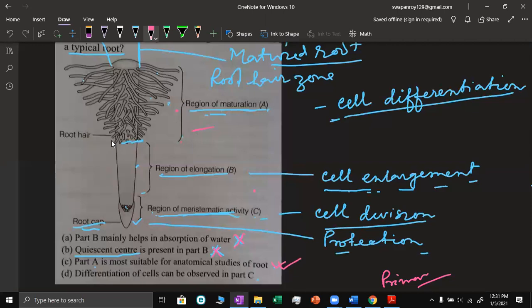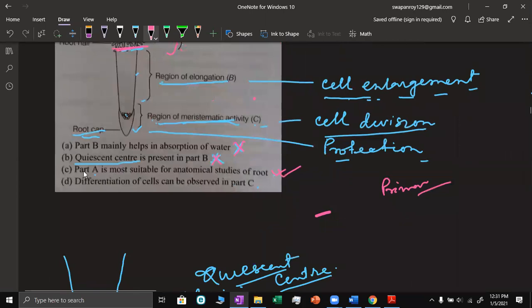This is the portion where maturation has taken place, and all types of tissue we get in this zone. That's why this is the correct answer: part A is most suitable for anatomical studies of the root.